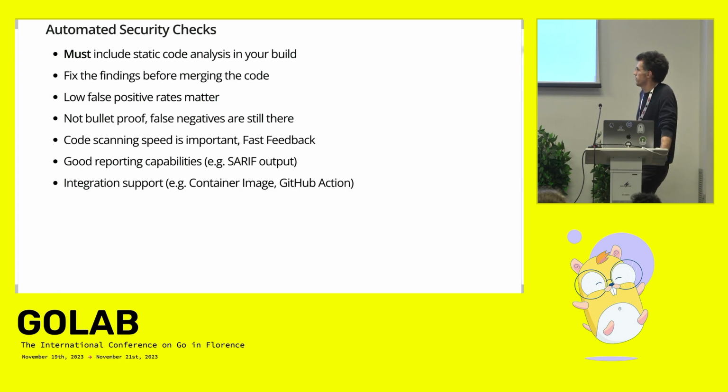They should be fixed before we merge our code into, let's say, main, or depends what your source code system is. But it's really highly recommended that you fix them, because in this way we can keep the whole security tech debt low.